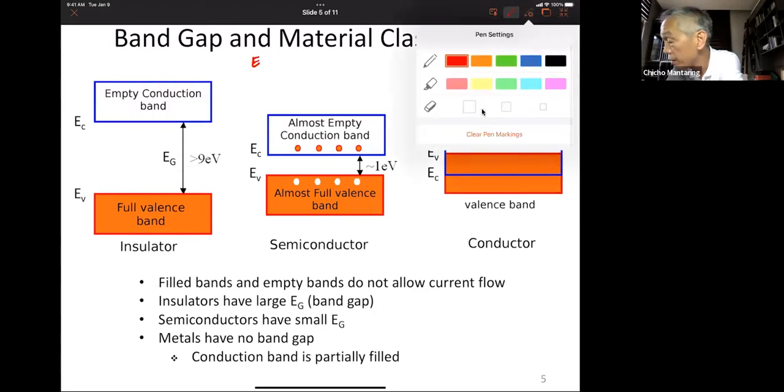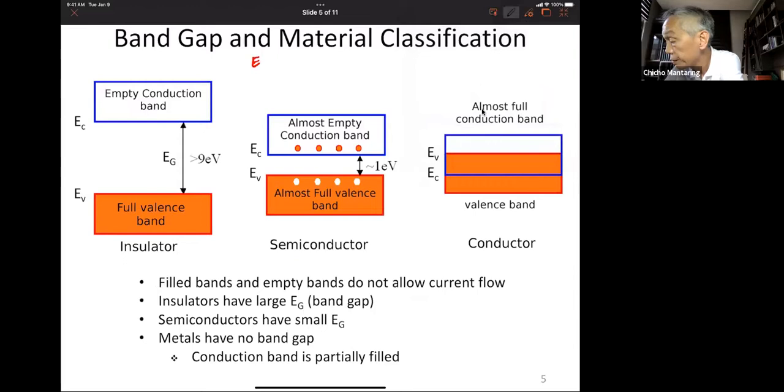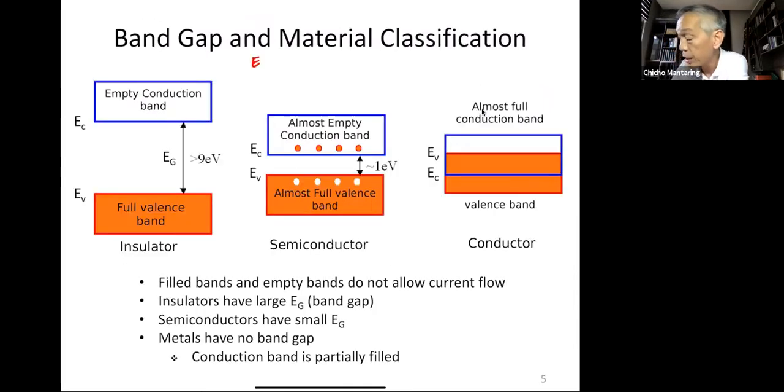Let me change color. Okay, EC. EC is the minimum energy a conducting electron must possess.